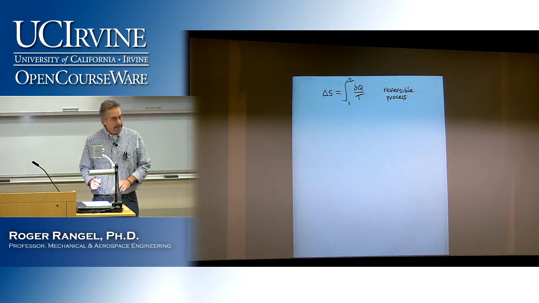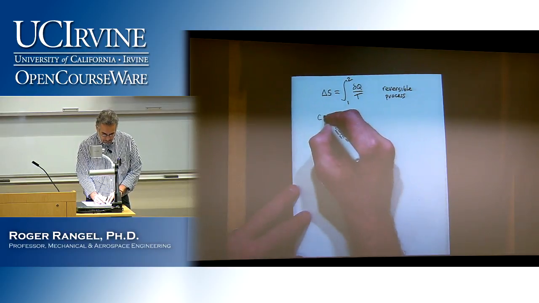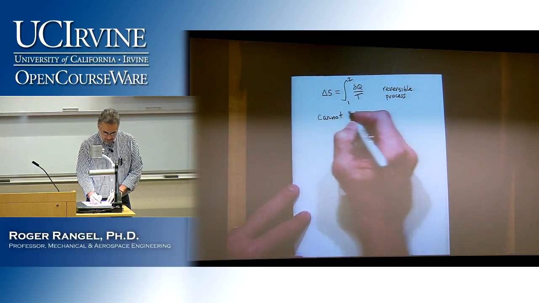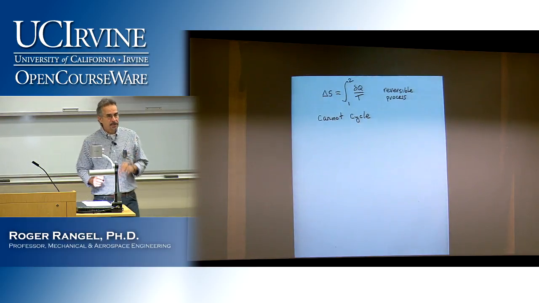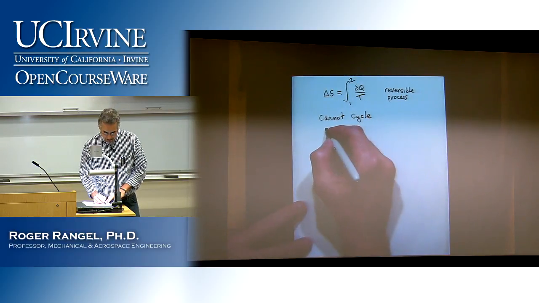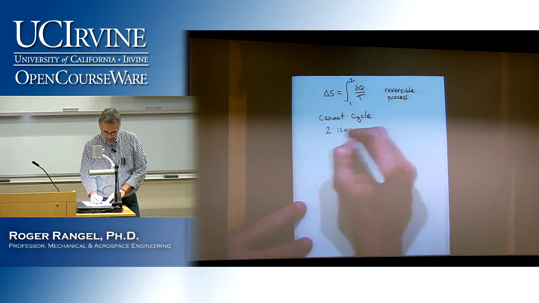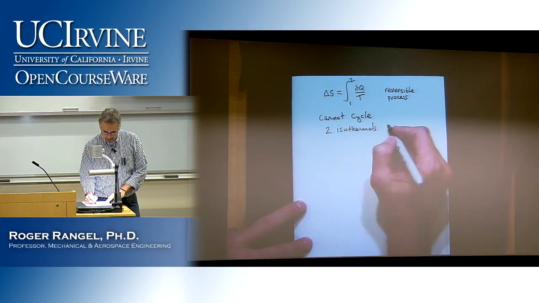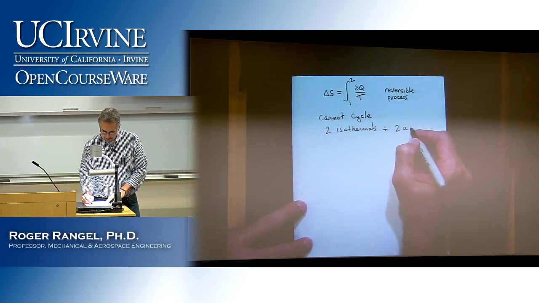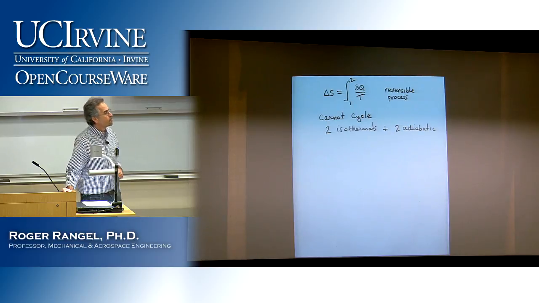So now let's go back and think of the Carnot cycle one more time. Remember, the Carnot cycle is 2 isothermal and 2 adiabatic processes.